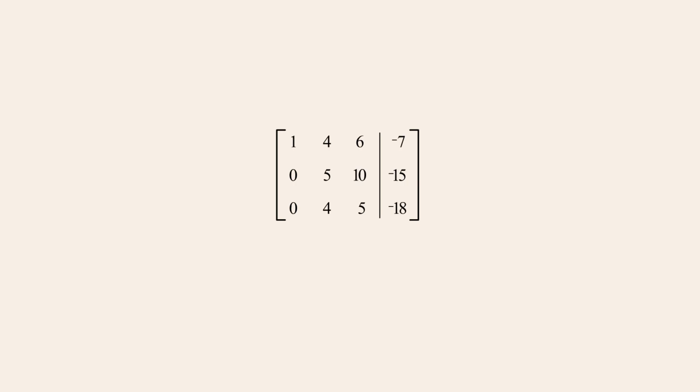Now that all the entries below the 1 in the first column are 0, we move on to the second column. The leading entry of row 2 is now located to the right of the leading entry of row 1. So we need to change this leading entry to 1. This can be accomplished using a scale operation to multiply row 2 by 1/5.